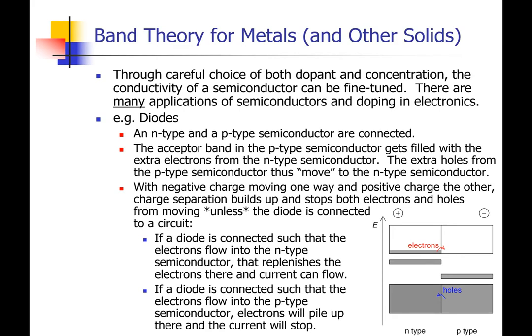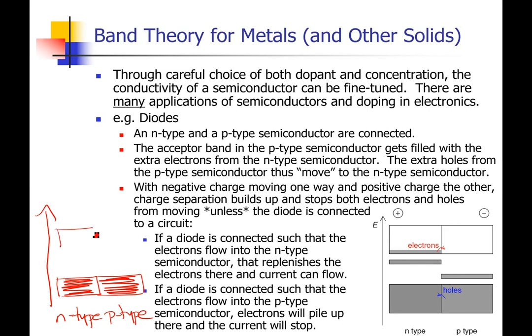What I'm going to draw over here on the left is a diagram of the n-type semiconductor and the p-type semiconductor before they come into contact, or the moment they come into contact, before any electrons could possibly move through them. In both cases, they have a valence band, which is down here on the bottom, and in both cases, they have a conduction band.